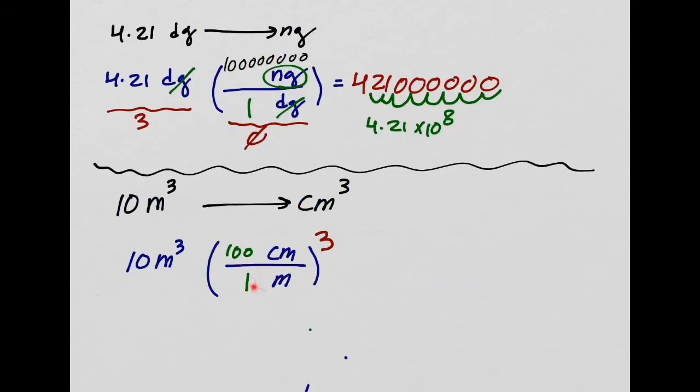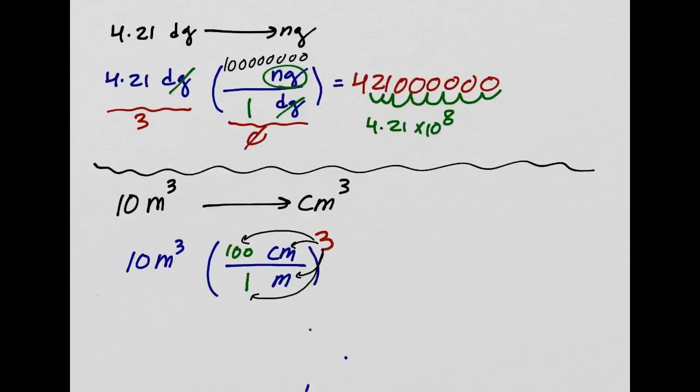So you can cube the entire parentheses. Now here's the thing. If I cube the entire parentheses, what does that mean? What that means is the centimeter will get cubed, the 100 will get cubed, the meters would get cubed, and the 1 will also get cubed. So all of those will get cubed. So far, so good? Okay, so I have to pay attention to that.